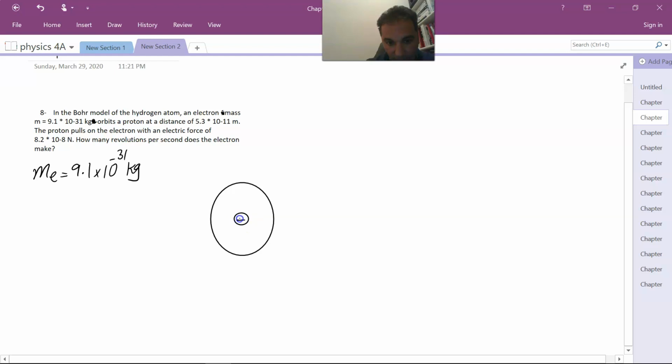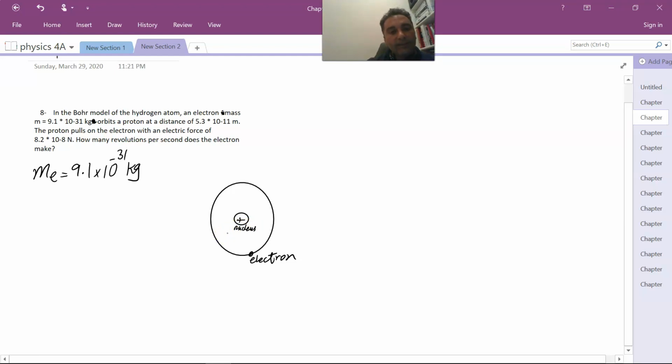So this is proton or nucleus, and here electron orbits the nucleus. Inside the nucleus we have protons and neutrons, but for hydrogen atom we have one proton.